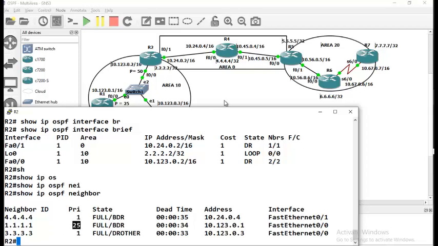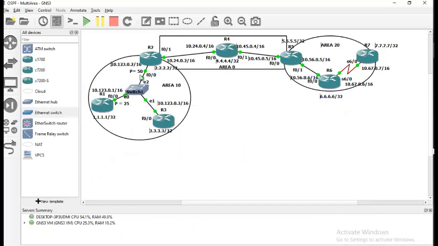Inside this LAN segment, inside this layer 2 domain, there will be one DR. And between this layer 2 domain, there will be another DR. Now, in this layer 2 domain, who is the DR? The one with the bigger router ID. And who is the BDR?